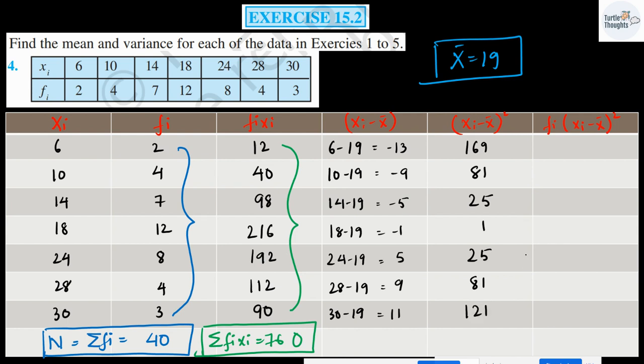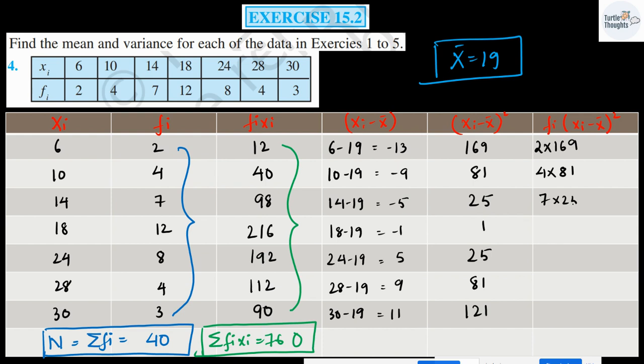Next, I need to find the value of fi multiplied by xi minus x bar whole square. I have the value of xi minus x bar whole square. I need to multiply 2 with 169. So let me write over here 2 multiplied by 169. Here it is 4 multiplied by 81.